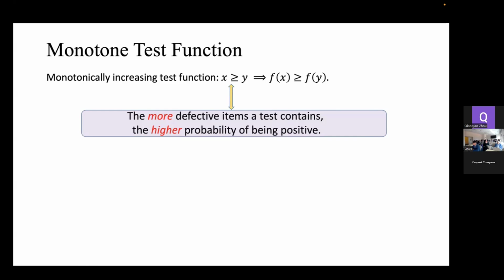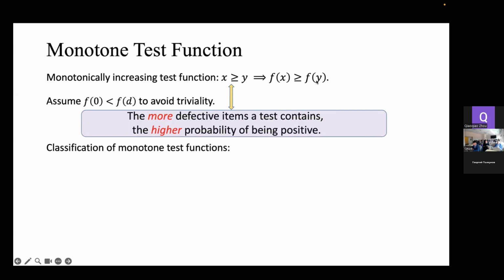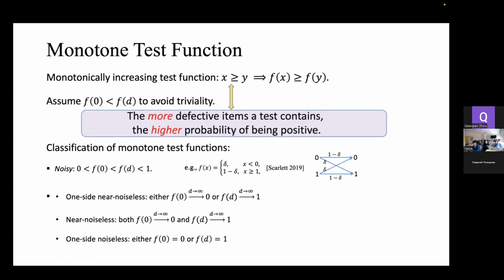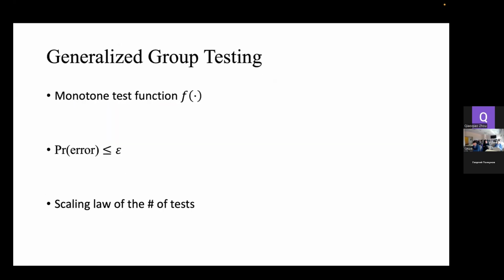If you have a larger number of defective items, your test result will, with higher probability, be positive. Based on this definition of monotone test functions, we can further classify them into noisy test functions, one-sided lossless functions, and so on.